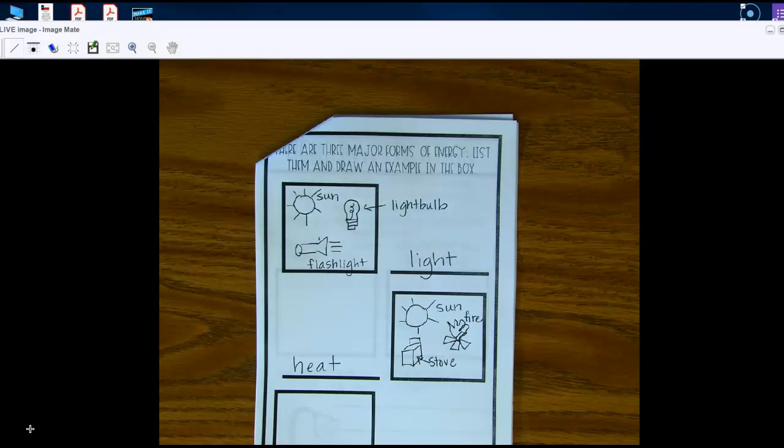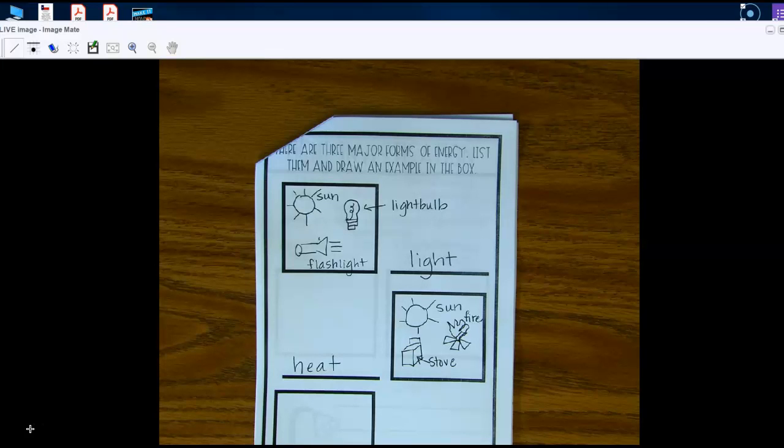A heater, a bonfire. Lissa? A heater. Just make sure you write the word that goes with it. You only have to do one. You could do fire, stove, sun, a candle, a torch, a heater. Something that gives heat. Yes, you can do two if you want. Just as long as you write the words that go with the picture. Sound it out.